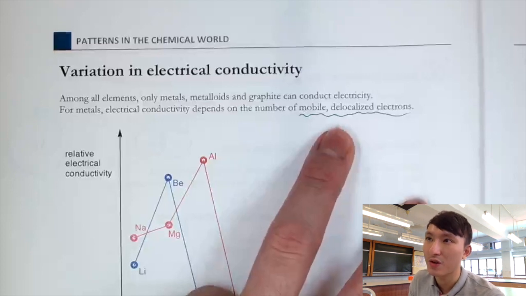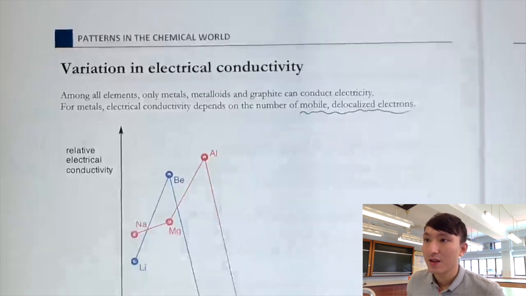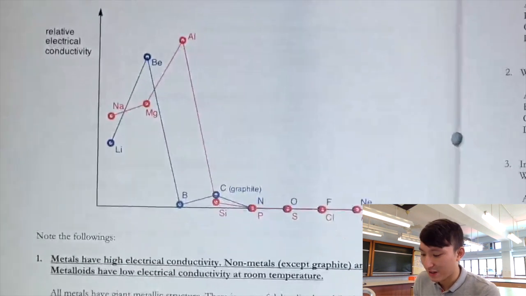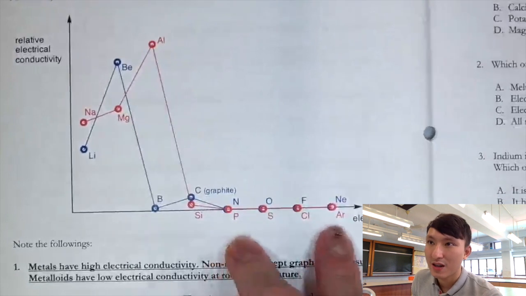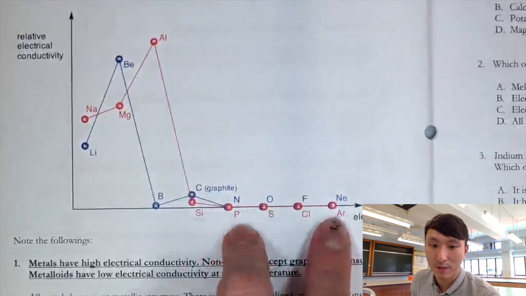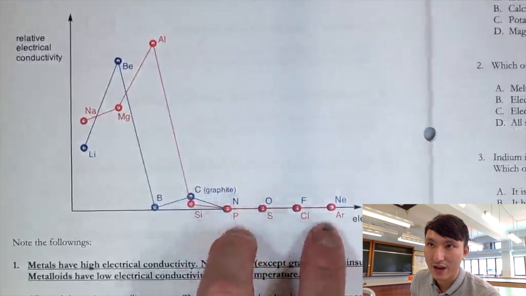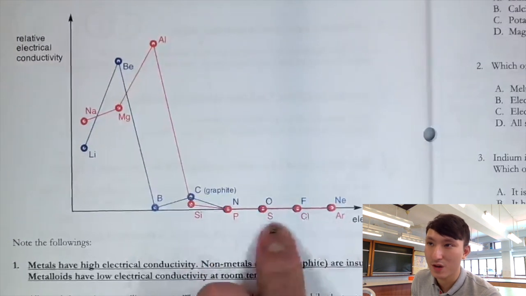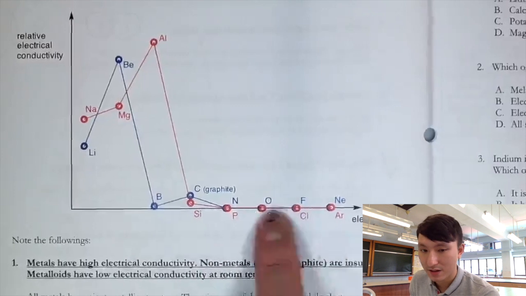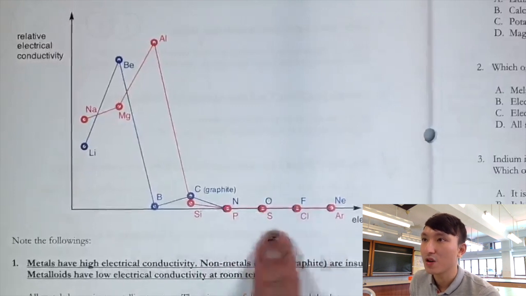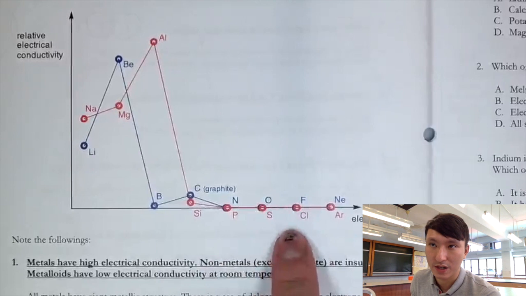So we only want to look at if there is any delocalized electrons. Very quickly you can tell, all the nonmetals having a simple molecular structure do not have any electrical conductivity, right? No matter whether you are in period 2 or period 3, as long as you are having simple molecular structure, you got no electrical conductivity.